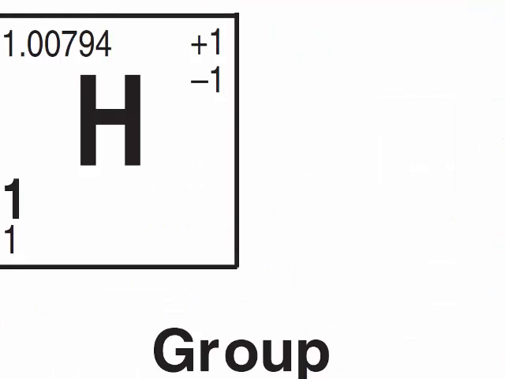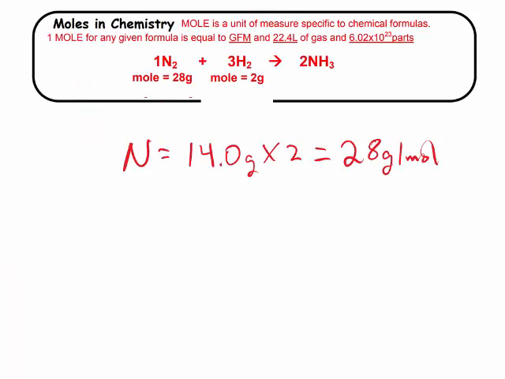There's hydrogen right there. 1.0 is the mass of hydrogen. So the way I would do this would be to say H equals 1.0 grams. How many hydrogens are in the formula? The formula is H2. So again, I multiply by 2. And that's why the GFM of hydrogen is 2 grams per mole.